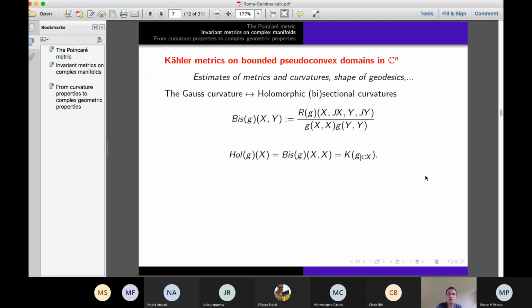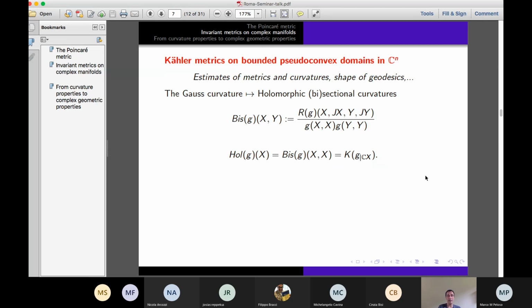So what we will be interested in is understanding some kinds of geometry. If you deal with Kähler metrics, you have a metric that is defined and has some regularity, and you can study different objects associated with your metrics. For instance, the metrics are complete on your domain or sometimes on your manifold, but you can try to understand the behavior of geodesics, even geodesic rays.